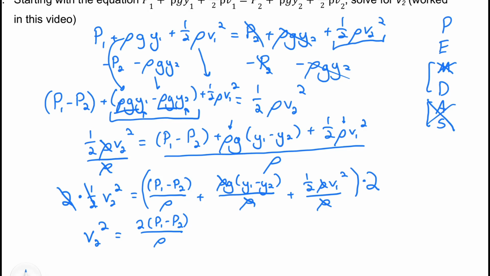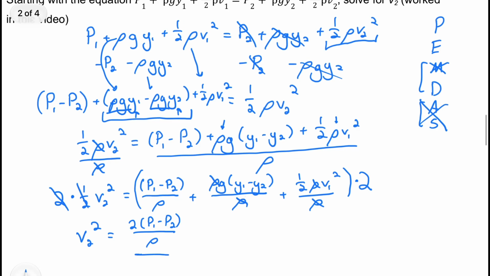So 2 times p1 minus p2 over rho. And then this second term, we've got 2 times g. And remember, I'm not going to write these rows anymore because over in the second term, the rho on the top cancels out the rho on the bottom. So we got 2g times y1 minus y2. And then finally, on the third term, the rows canceled out.